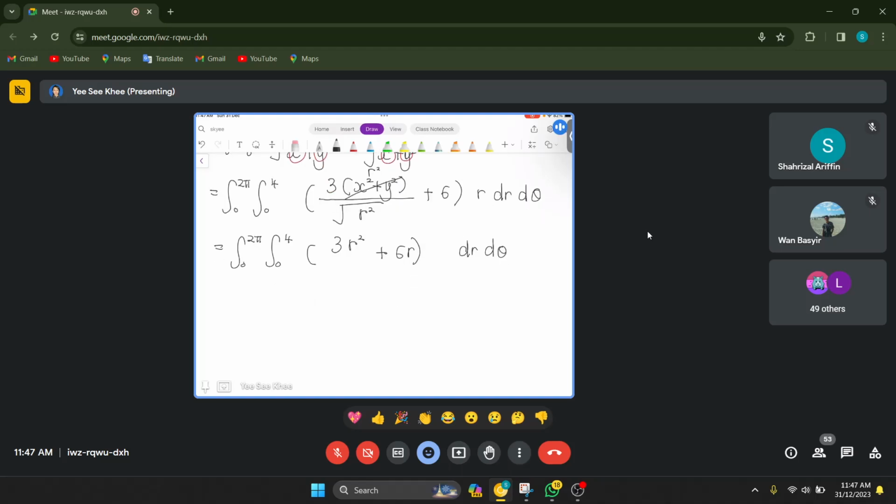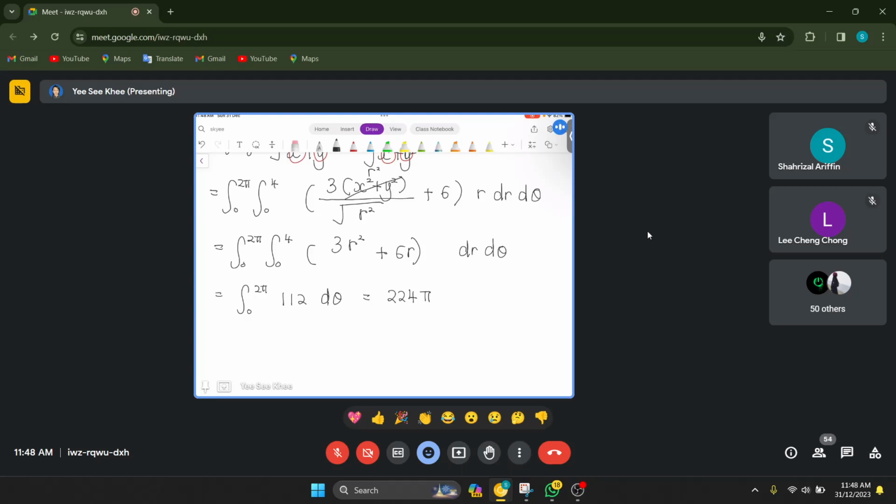So you can press the calculator for the first term, because you only have the r component, right? Let's press the calculator. Integrate 3x squared plus 6x. So you get 112, 112 d theta. And later on when you perform the integration of d theta, you get 224 pi.